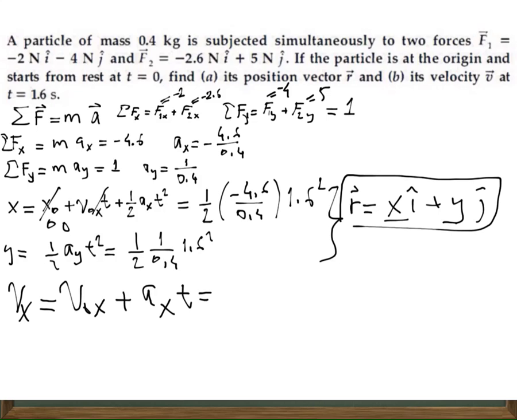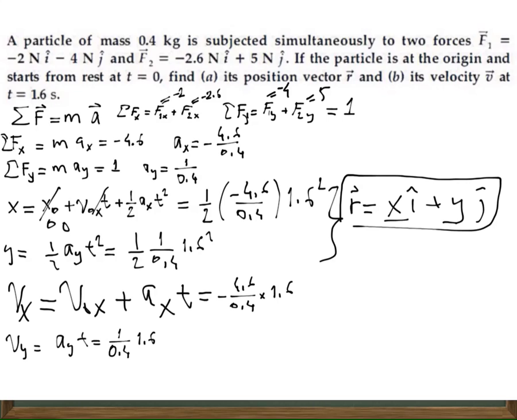But since V_0x is 0 and a_x is again minus 4.6 divided by 0.4, and t is 1.6 seconds, this is the x component of the velocity. The y component is just a_y times t, 1 divided by 0.4 times 1.6.